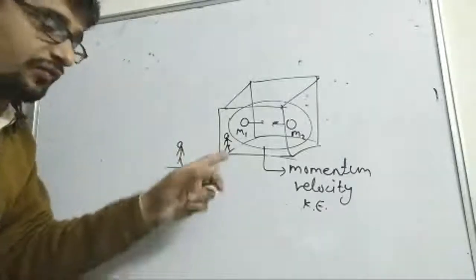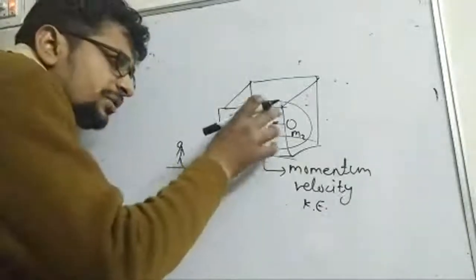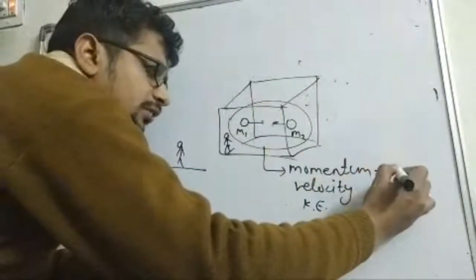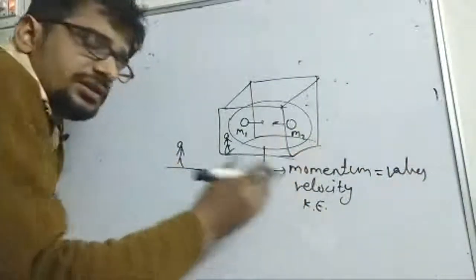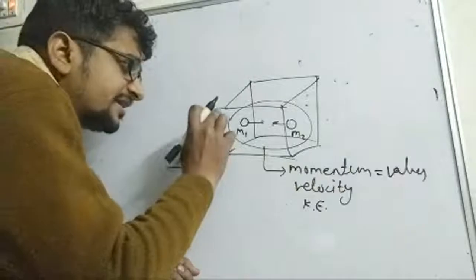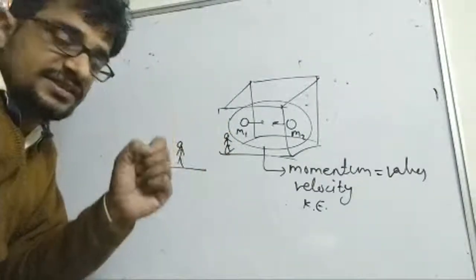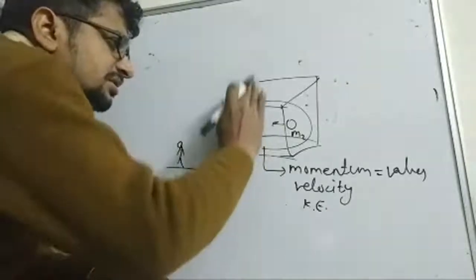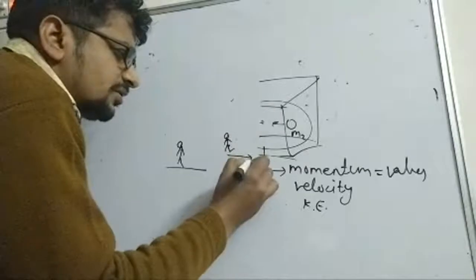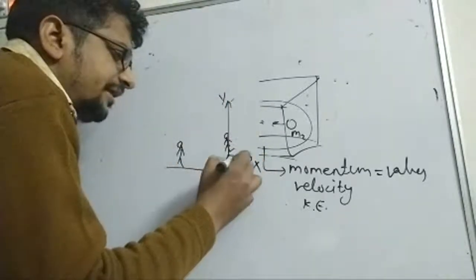Now, focus that for this observer, this phenomenon has some particular values of these physical quantities like momentum, velocity, kinetic energy in his system. In his system means in his frame of reference, which is also known as 3D space, with the axis X, axis Y, and axis Z.